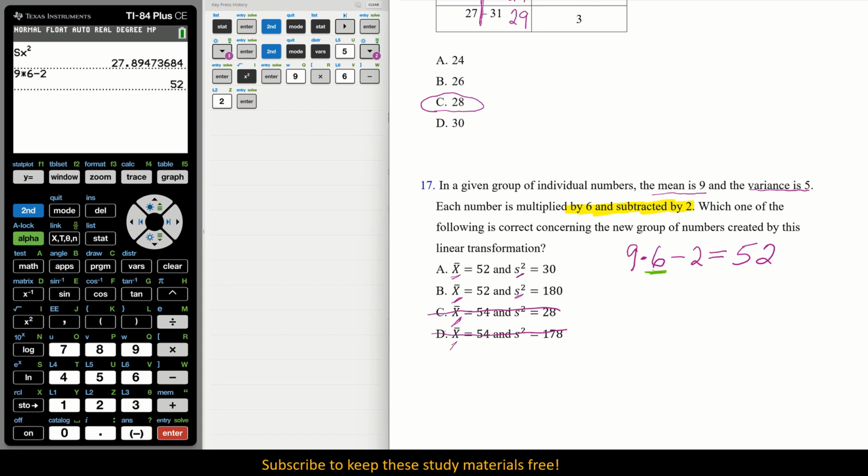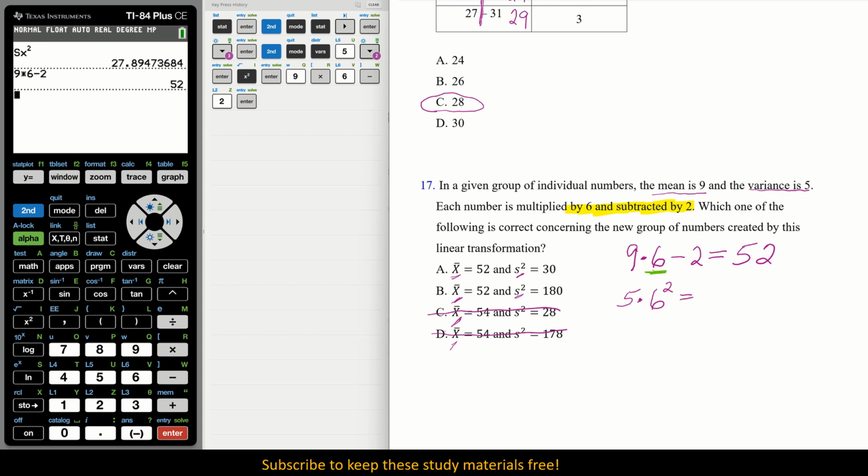You see here, it is squared. So what does this mean? That means you take your 5 times 6 squared. There will be no other adding or subtracting. We're just working with what changes the variance, and that's important.